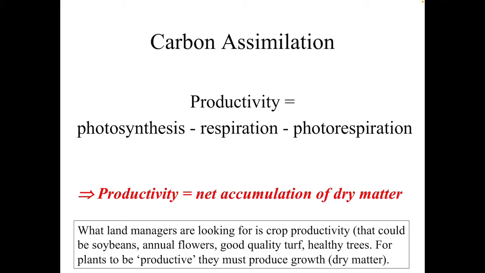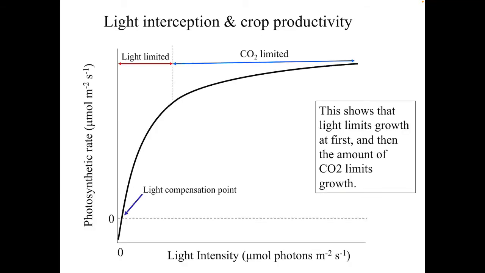If you are a golf course manager, you need that grass to fill in very, very thick and very dense. So productivity means different things to different people, but basically photosynthesis adds to it, and respiration and photorespiration, in other words, what happens in the dark, subtracts from that. So we need photosynthesis to be as efficient as possible so we can get as much productivity as we possibly can out of our plants.